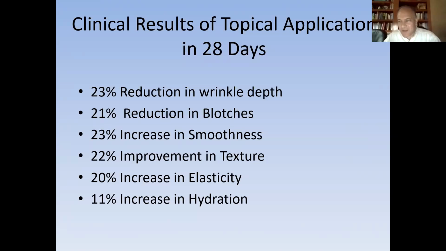On the skin, they've made a gel that goes on the skin. It's the same stuff, but it's put in gel form so that it can absorb more efficiently in the skin. It reduces the wrinkles, it reduces blotches, it increases the smoothness, and increases elasticity. Now, this was a kind of a surprise for me. It increases hydration too. But it has no proteins or molecules in there that do that.